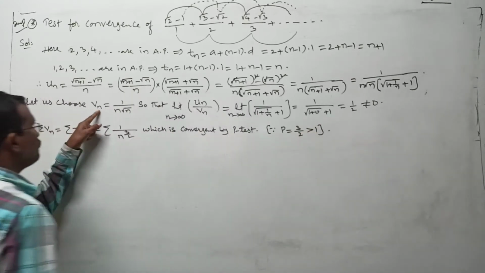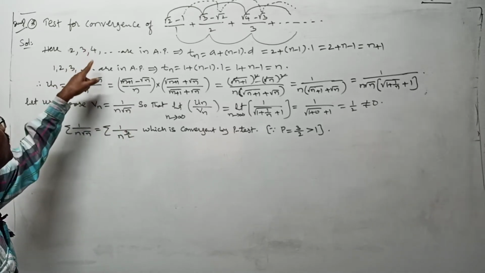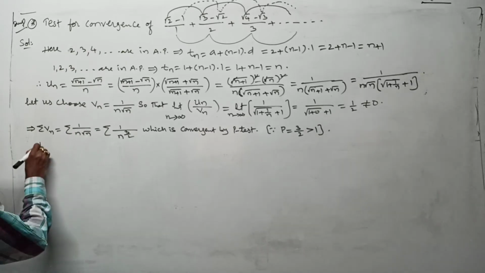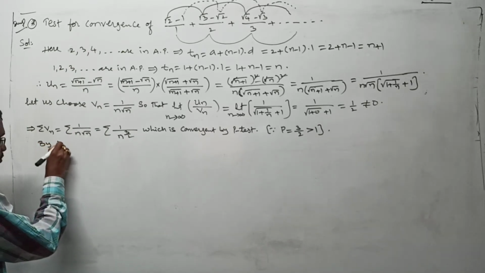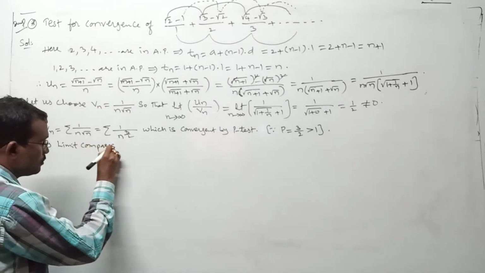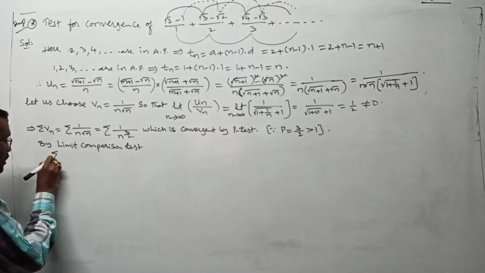Now we got the sigma Vn series is convergent. Hence by limit comparison test the given series is also what? Convergent or not? By limit comparison test sigma un is convergent.